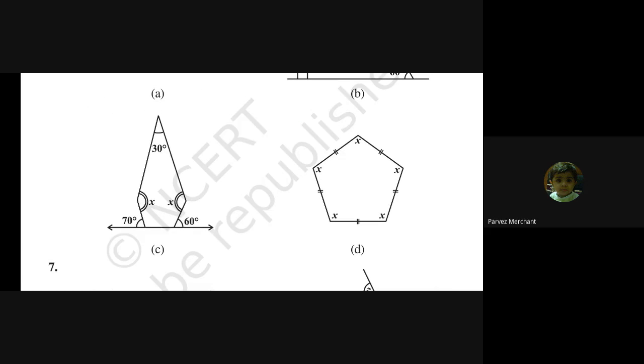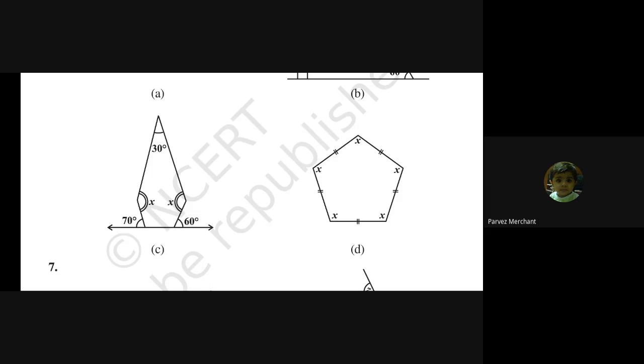C and D are different because in these two questions the given figure is a pentagon, in which the exterior angles 60 and 70 are given. So first of all, we take the interior angle from it.